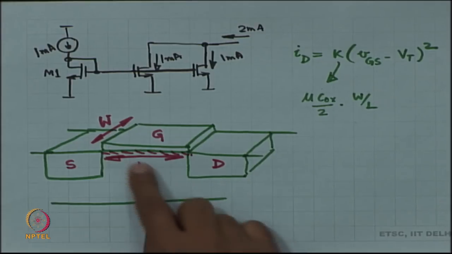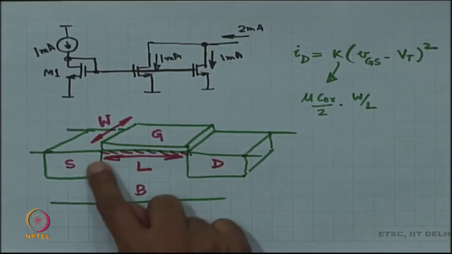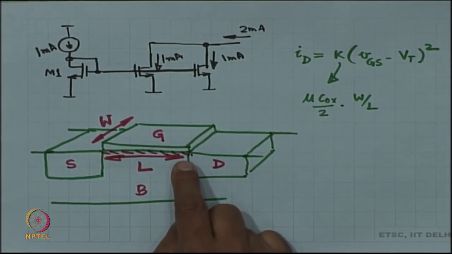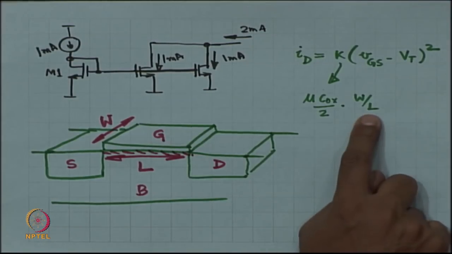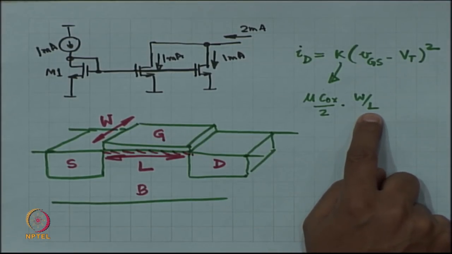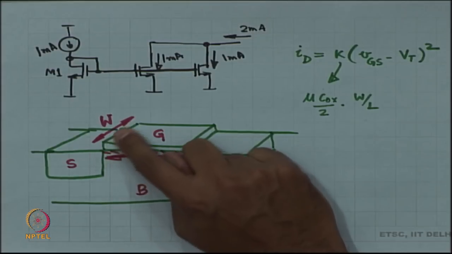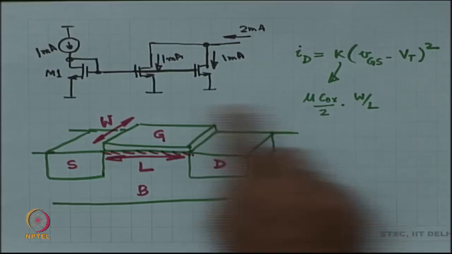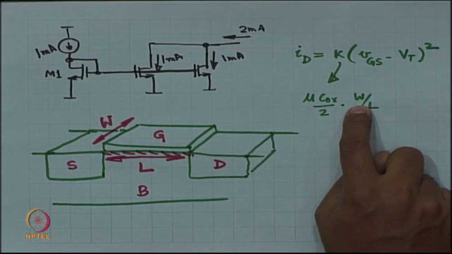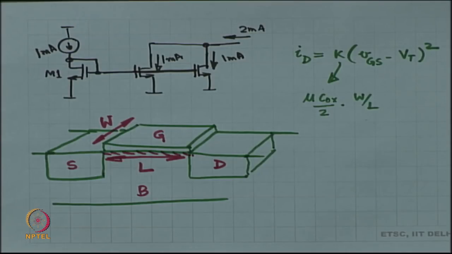So, you can think of it as something like a resistor, right. This channel is somewhat like a resistor, in which case if I increase L, the current is going to decrease, right. If I increase L, the current is going to decrease, and likewise you can think of this width as the width of the channel, right, of the channel resistance, in which case if I increase W, the current is going to proportionally increase. All right.